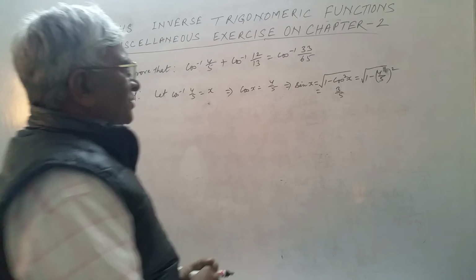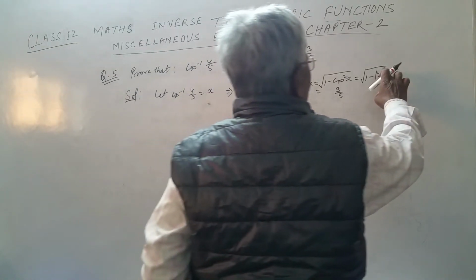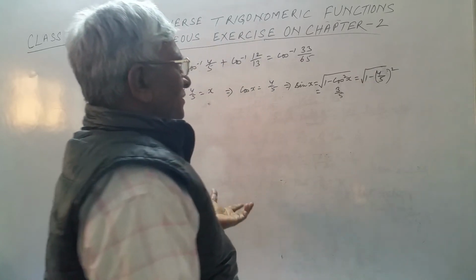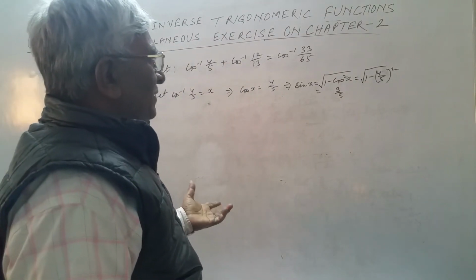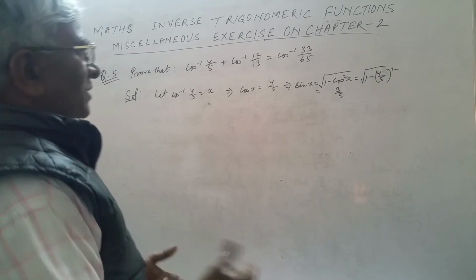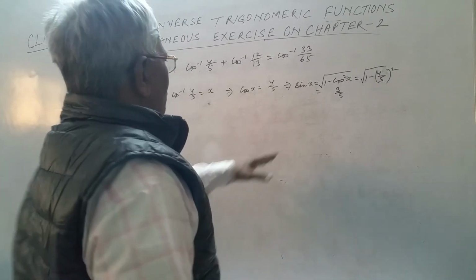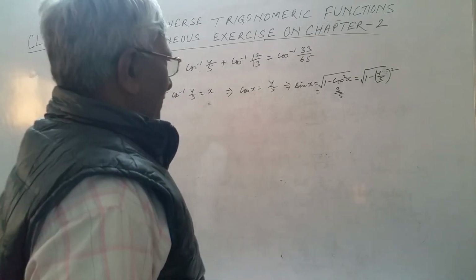If you do the simple calculation, 25 minus 16 gives 9, root 9 is equal to 3, and root 25 is equal to 5. So we are getting the result sin x.